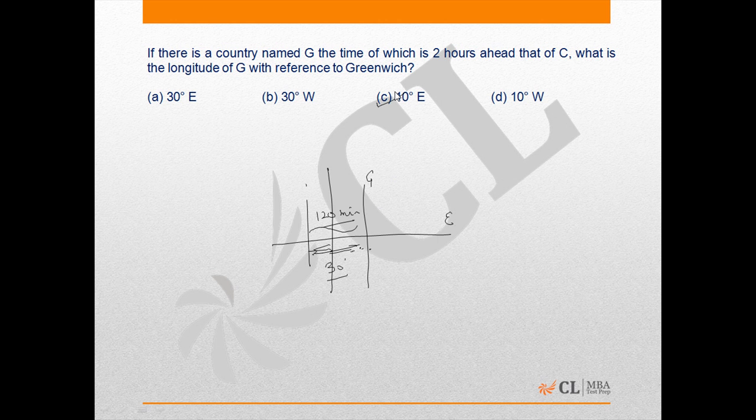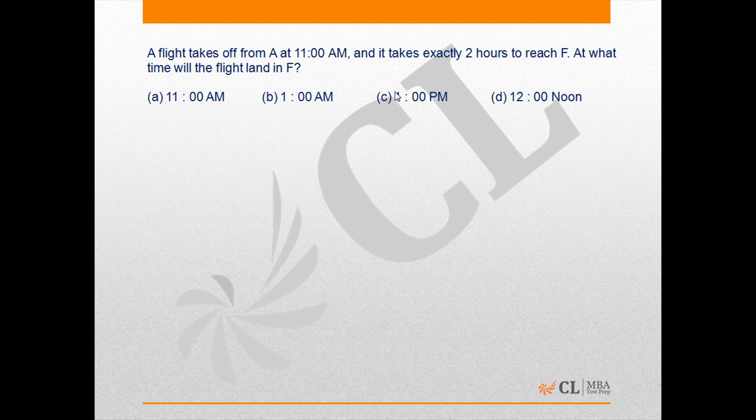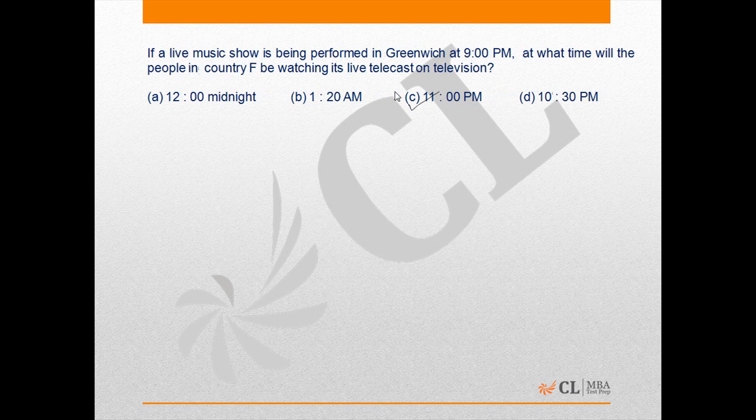Now let's talk about the third question. A flight takes off from A at 11 a.m. and it takes exactly 2 hours to reach F. At which time will the flight land in F? If you look at the table, A and F are at the same points.